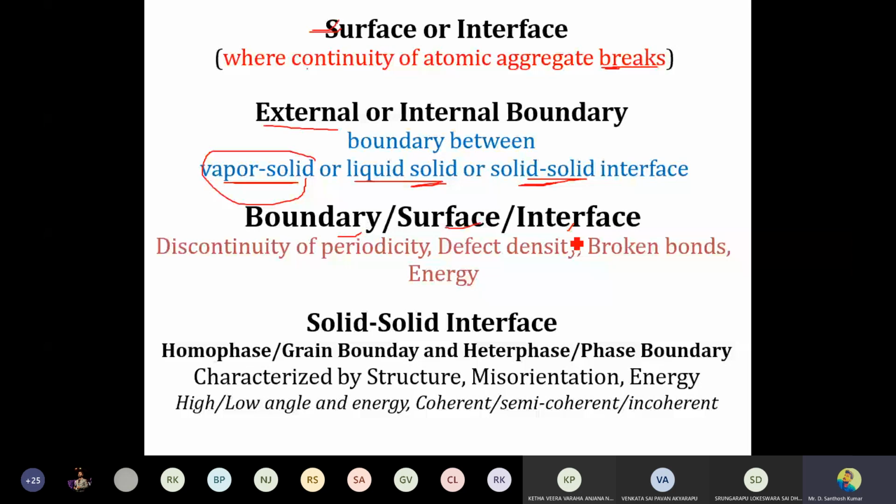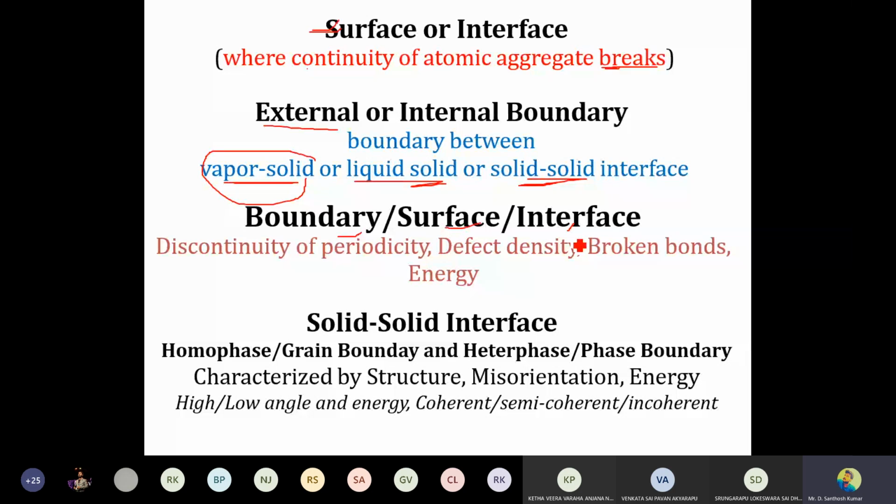When bonds break, a new surface arises. Because of this discontinuity of periodicity, the defect in the densities, as well as the broken bonds, it will result in the release of some energy, which is different from inside the bulk. So whenever the bonds break, it releases some energy.